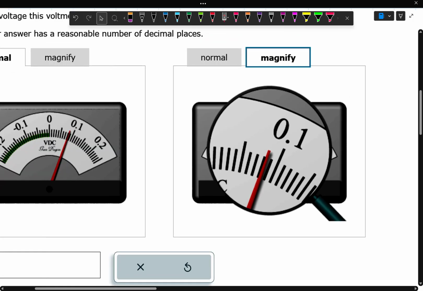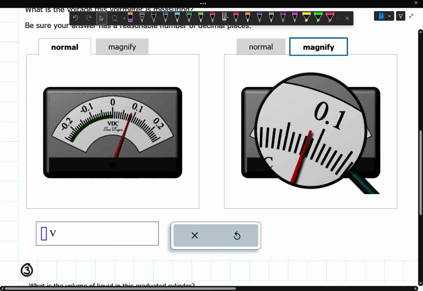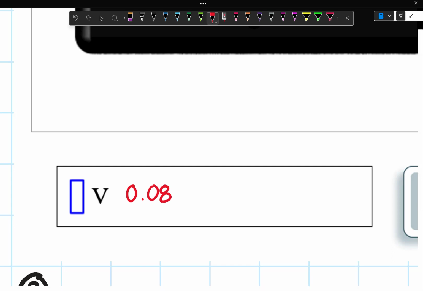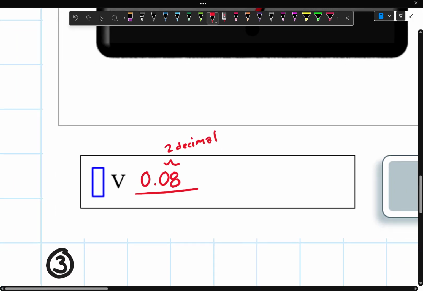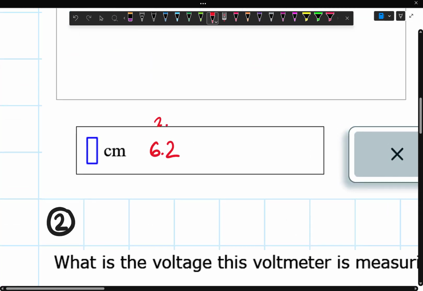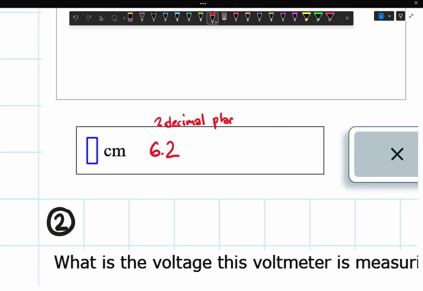It's a little frustrating, and it's very tempting to try and put something else, but for all intents and purposes, that will be marked wrong if you put anything other than 0.08. 0.08 is the answer to 2 decimal places. That's going to be your answer for this one. Okay, 0.08. Notice that in this one, we are also at 2 decimal places.